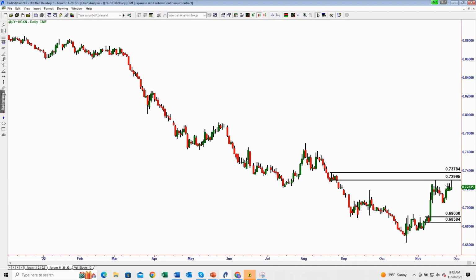And the demand side is actually fresh down here. So both of these areas, we would still expect them to cause price to turn. Remember, we don't care about how many times price comes back and touches the zone. What we care about is how deep price goes into the zone or penetrates the zone. Does that make sense?